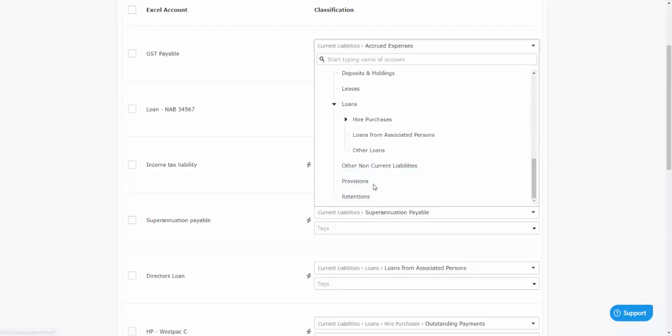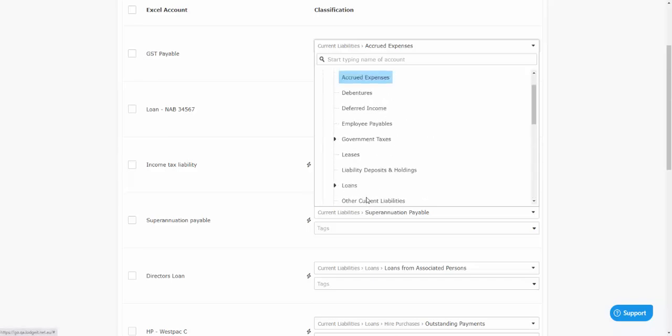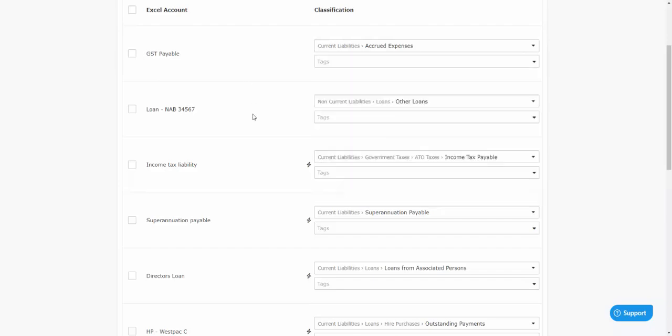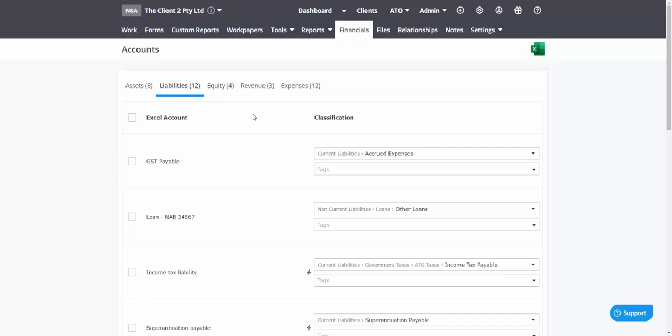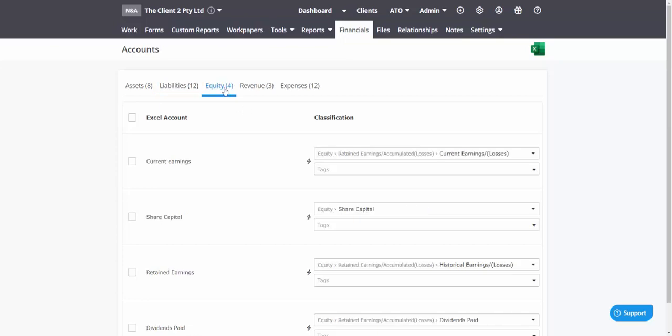Provisions, again, I've described provisions, and retentions is to do with the building trade, where there might be some monies held over for a long time frame until the buildings pass through a five-year or maybe a 3-year testing period to make sure that nothing breaks, nothing falls apart.